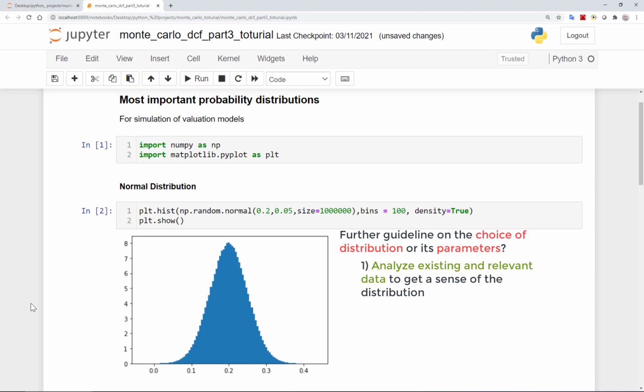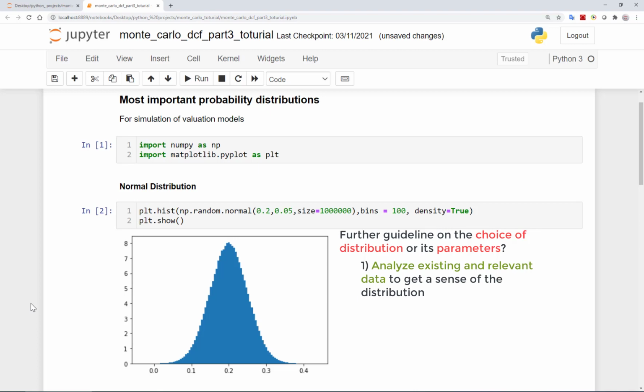For example, if we are dealing with the growth rate in the first 5 years following the IPO, we could take a look at the historical growth rates for similar companies in their first 5 years after their IPO and get an idea about the growth rates for these similar companies, how they look like and whether they are more or less in the same range or there is a wide variation across them and so on.